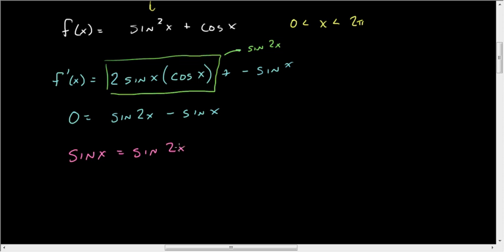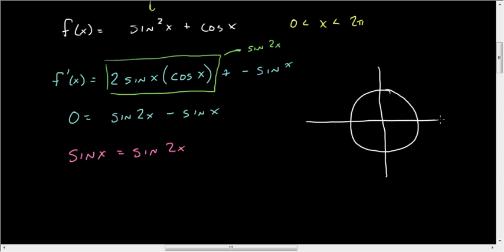And so you can do this in several ways. I'm going to do this using the unit circle, so I'll draw my unit circle here. Analytically, this gets very, very hairy, so I choose to go back to the unit circle when I deal with trig. Now, when the sine of x is equal to the sine of 2x, well that happens at 0.